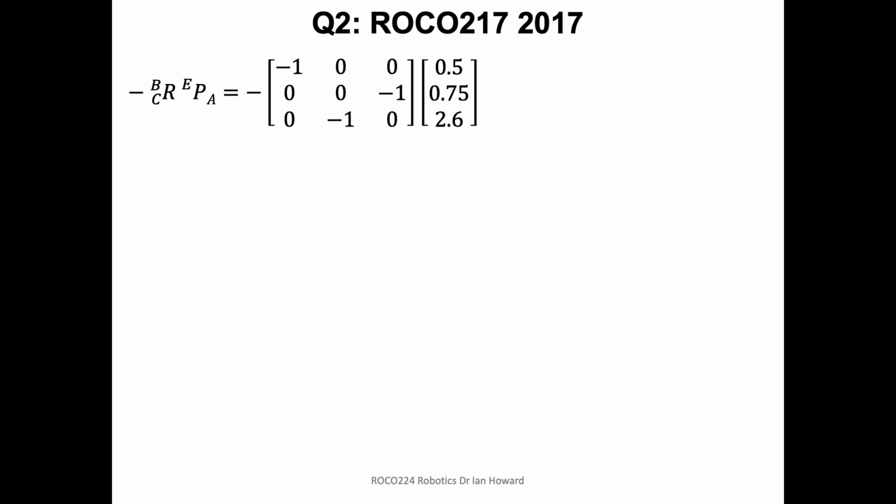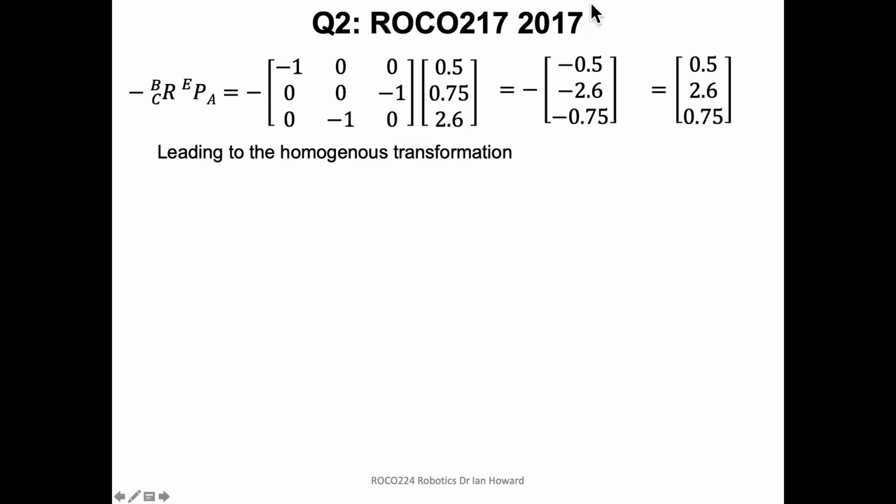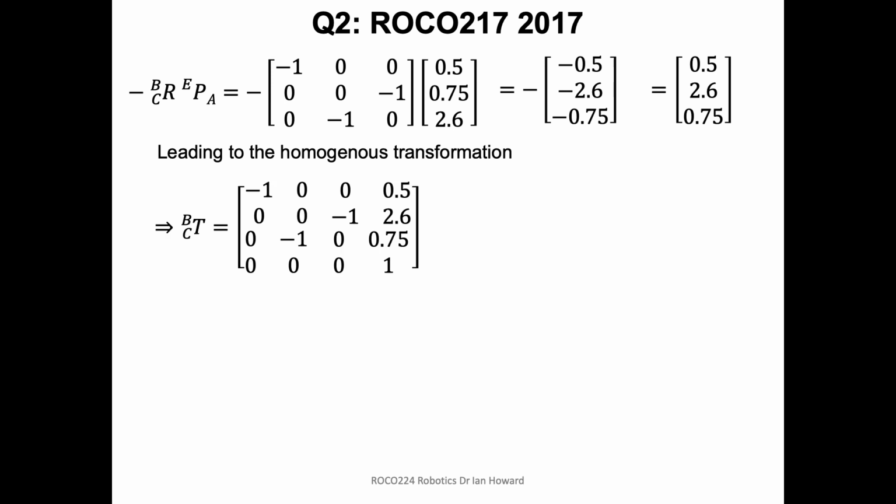inverse, right? So first of all, we calculate the translation component. It's going to be the inverse rotation multiplied by what we know is the translation. We have to multiply that out and we get some value. And then we stick the two parts together to get our C to B transformation.